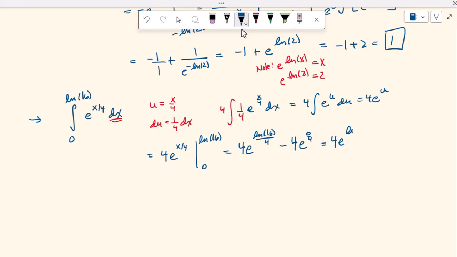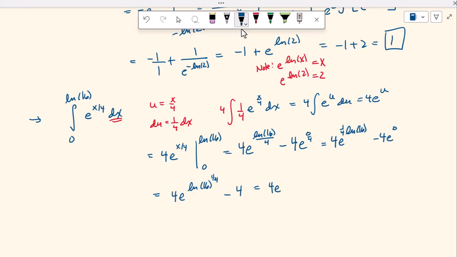Remember that 1/4 that's out front right here, I'm probably going to pop into the exponent, but I'll just rewrite it for now. 0 divided by 4 is 0. So this is 4e to the ln of 16 to the 1/4. And then e to the 0 is 1, so this is minus 4.